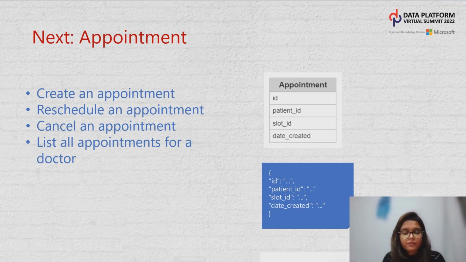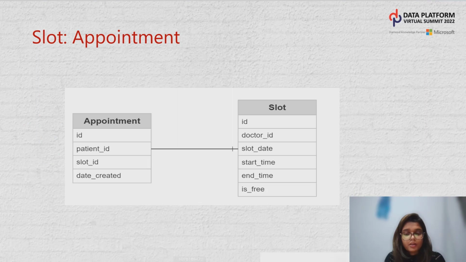Coming to appointment, we have ID, patient ID, slot ID for which this appointment is booked, and the date on which this appointment was created. We have queries like create an appointment, reschedule an appointment, cancel an appointment, and list all appointments for a doctor. So we start again with defining the entity as a JSON document. Before we talk about the partition key for appointment, let's look at the relationship between slot and appointment again.